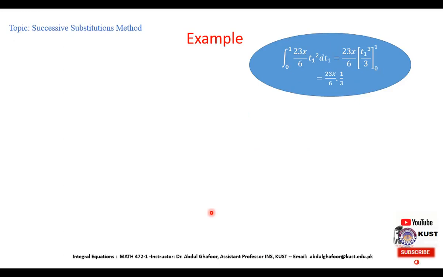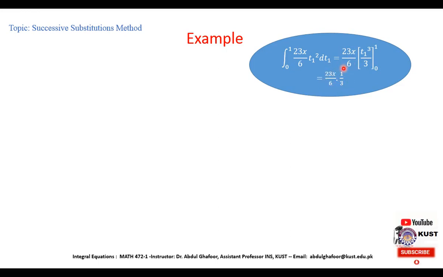So the integral will be integral from 0 to 1 of 23x by 6 t1 square dt1, with t square taken common. Integrating t1 square with respect to t1, we get t1 cube by 3 from 0 to 1. By applying the upper limit and lower limit, that is just 1 by 3. So 23x by 6 into 1 by 3, and this dot stands for multiplication.